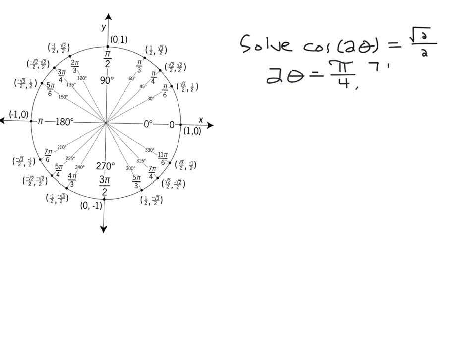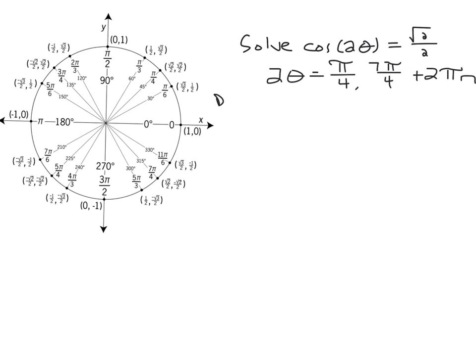So you essentially just ignore the 2 theta for the minute, and you say, if we're just solving it for 2 theta, then 2 theta has to be either pi over 4, 7 pi over 4, and then don't forget the plus 2 pi n, because that's really what's different in these types of problems. So pi over 4, 7 pi over 4, or any coterminal angle to those two is all that means.